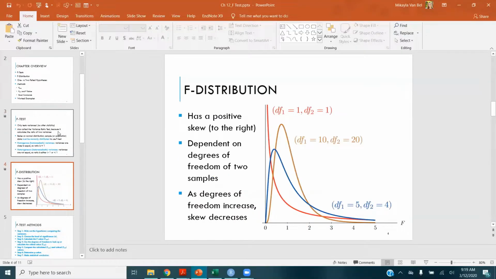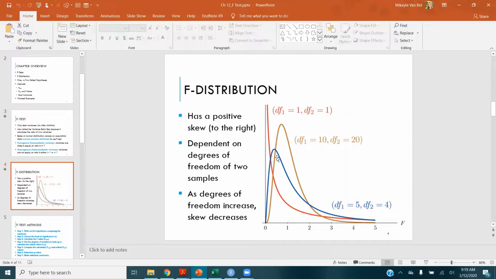The F distribution is a little bit different than distributions we have seen so far. It has a positive skew to the right, which you can see in this picture here. And the shape of this distribution is dependent on the degrees of freedom of the two samples we're comparing. Here you can see if the 2 degrees of freedom are 1, we have a very skewed distribution.